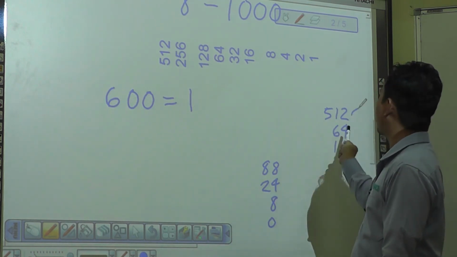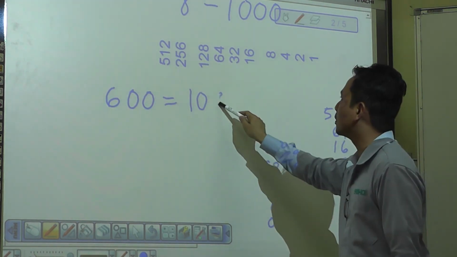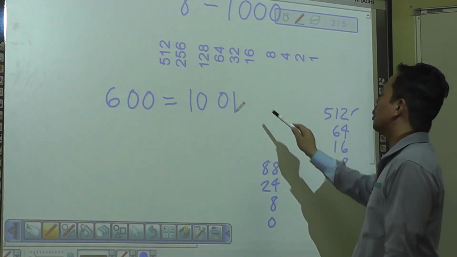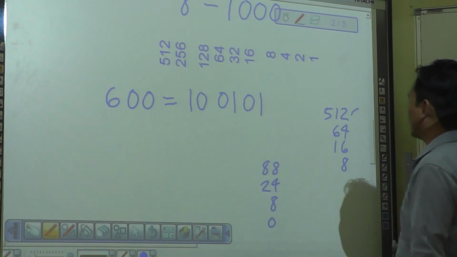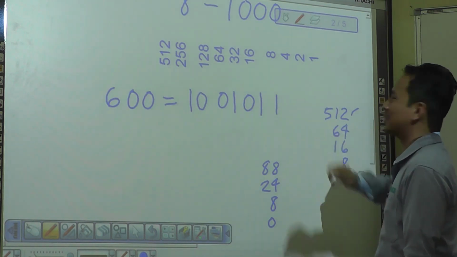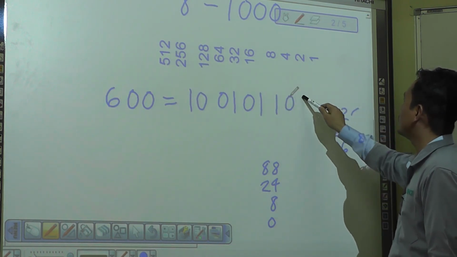1. In 256, 0. In 128, 0. In 64, yes. In 32, 0. In 16, yes. In number 8, I use 1. 4, 0. In 2, 0.